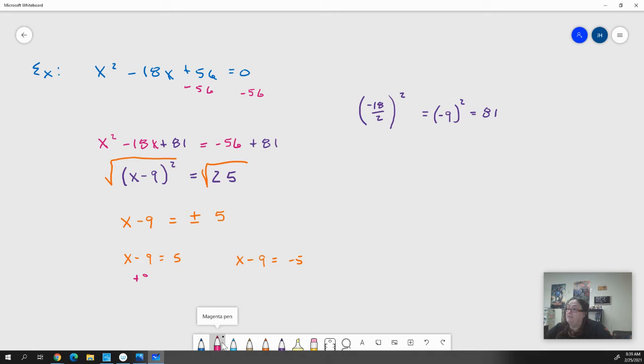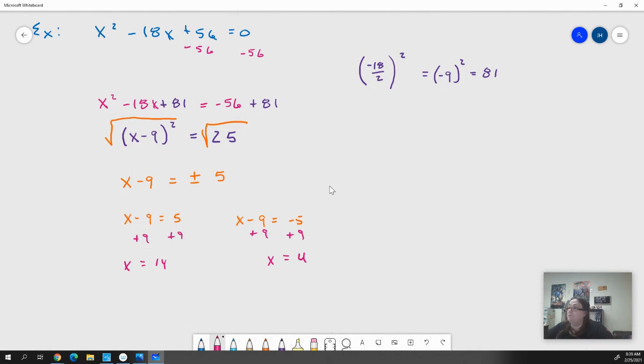So we add 9 to both sides, and you get x equals 14. And here we add 9 and get x equals 4. These are our two solutions for x. What they determine is where on a graph our parabola is going to cross the x-axis.